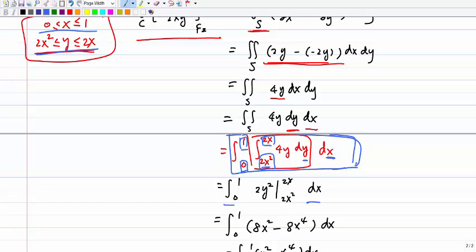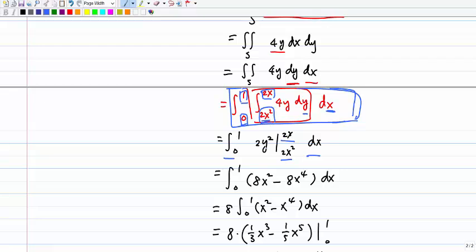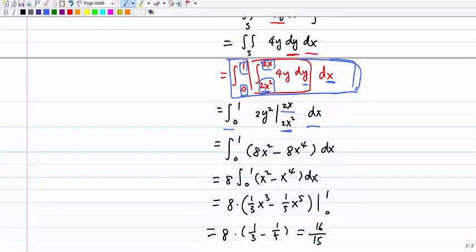If we do the inner integration first, keeping the outside the same, the integral of 4y over y is 2y squared, evaluated from 2x squared to 2x. Replacing y by 2x gives 4x squared times 2, which is 8x squared, and minus, for 2x squared, 4x to the fourth power times 2, which is 8x to the fourth. Move the 8 outside, so we have the integral from 0 to 1 of x squared minus x to the fourth.